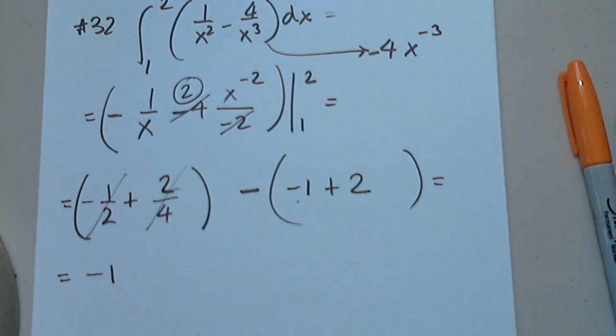Now, when I click enter, if I don't get -1, then I'll say, oops, I did something, and I have to go back to the drawing board. Of course, if you do this and plug in 9 and put, let's say, between -3 and 4, and you put 1 over x dx, what will the calculator say?